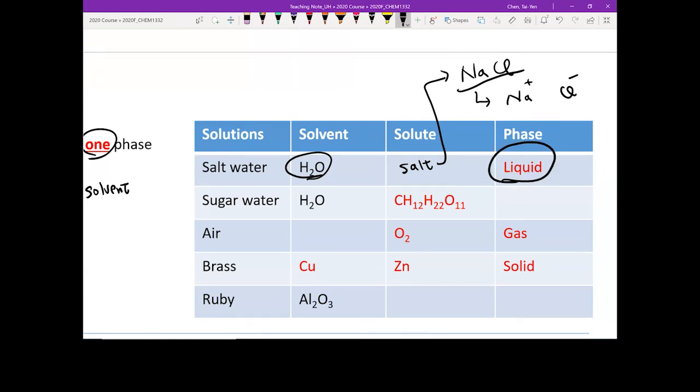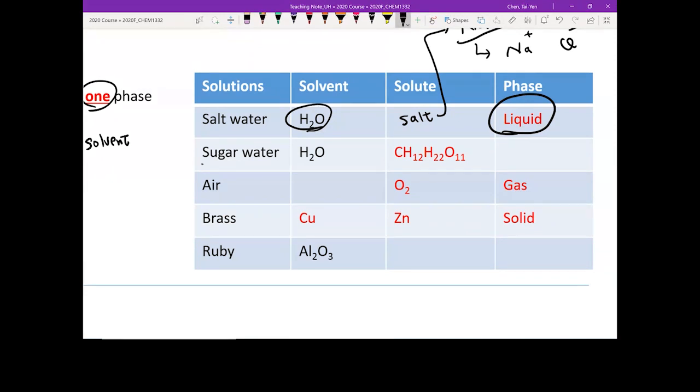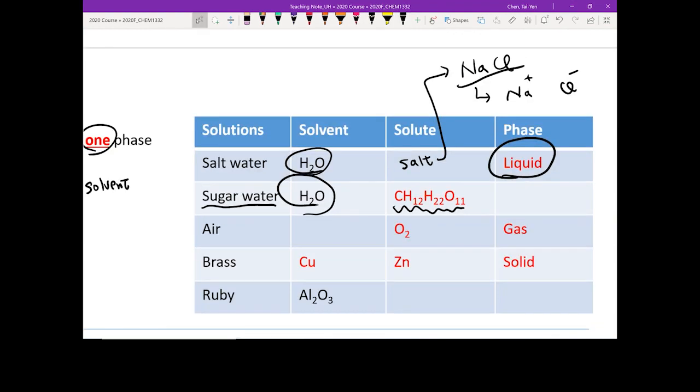Another example is sugar water. Sugar has a very unique chemical formula. It also looks like a white solid powder when you throw it in. You also dissolve it inside the solvent, which is your water, and after a while it becomes transparent. Once it dissolves inside water, it does not do the same thing as sodium chloride.